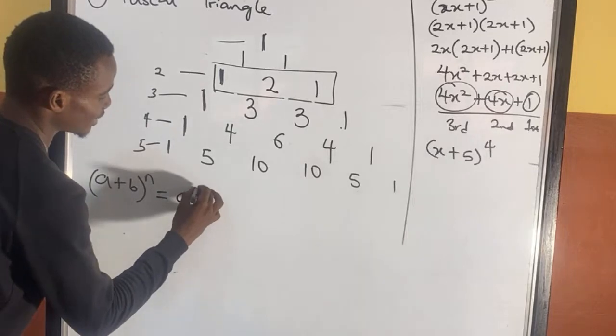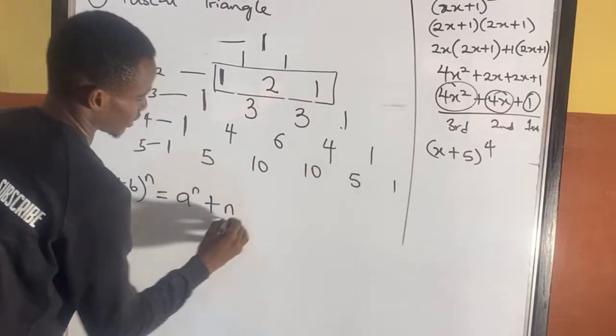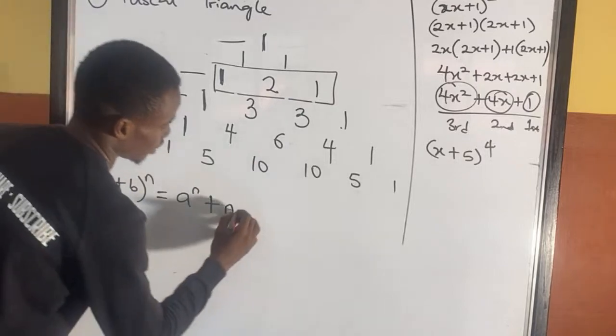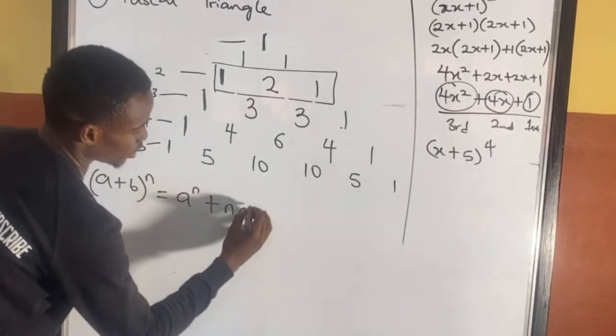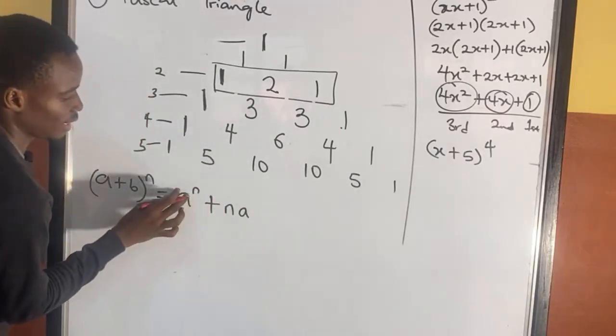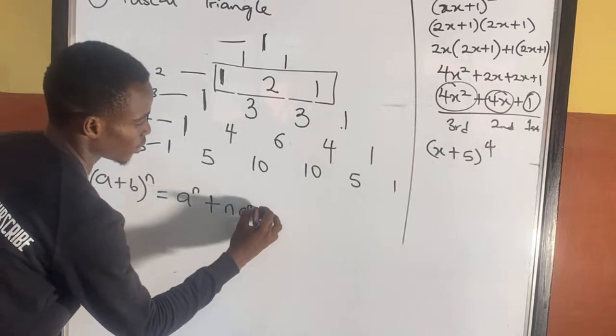A raised to the power of n plus n, right? A is your coefficient, then this is the mean root. You see, A starts with n, the highest one, and it is reduced by 1, n minus 1.